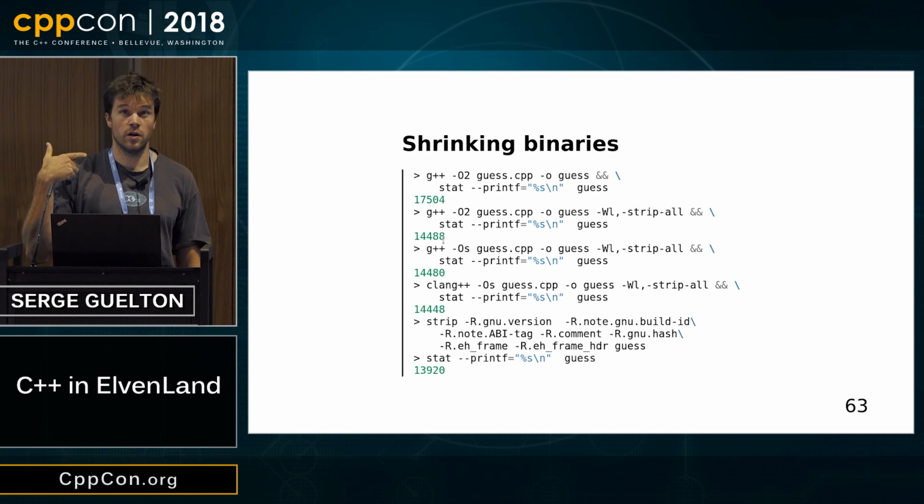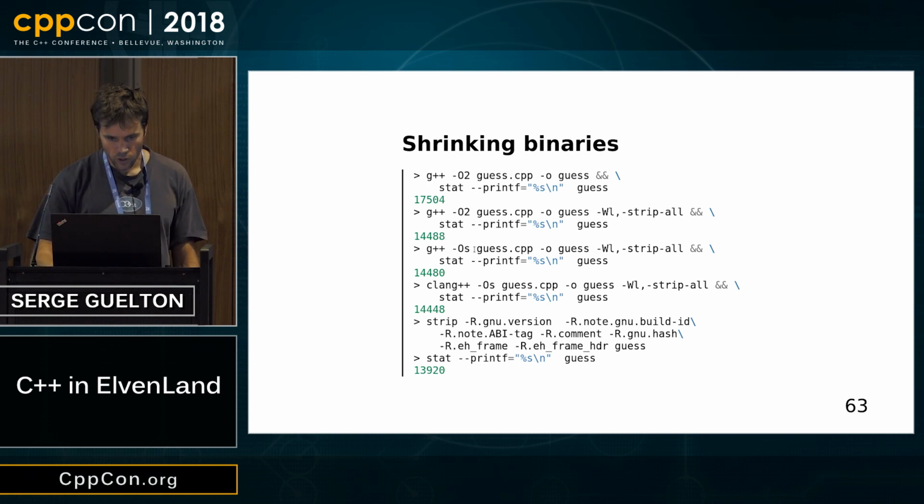I've removed the debug information. There was no debug information there. Or I could use -Os for small, to find a better compromise between speed and size. It's slightly smaller.